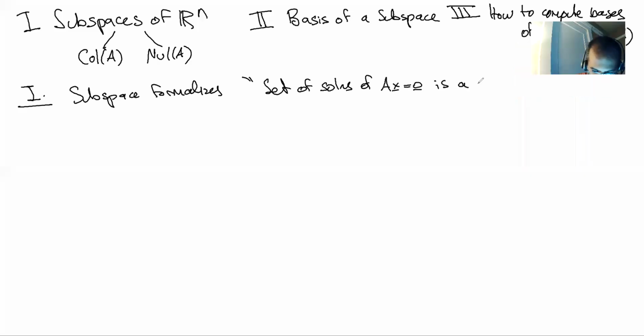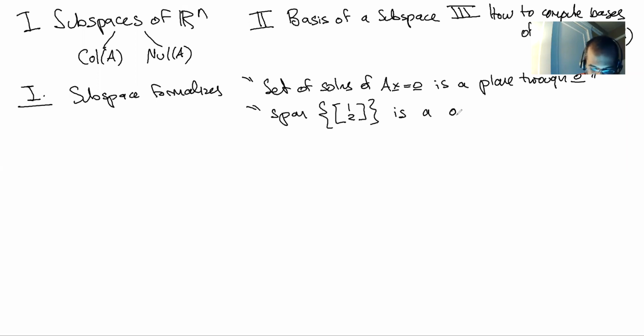Or at some point we've said that the span of one vector is a one-dimensional object. But we haven't actually defined what dimension means, and we haven't defined what a plane through the origin means.